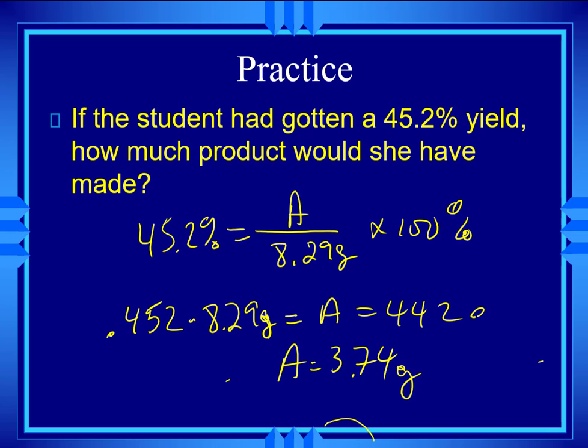So instead of making the 8.10, he would only have made 3.74 grams. Things went badly for him, right? Hey, you had a chance to practice that tonight, and we will move on tomorrow.